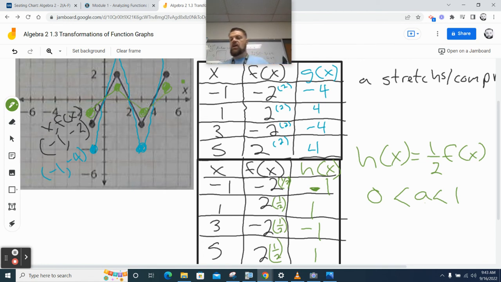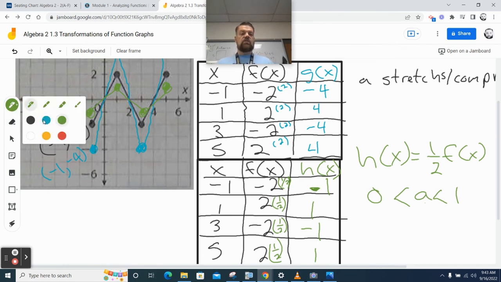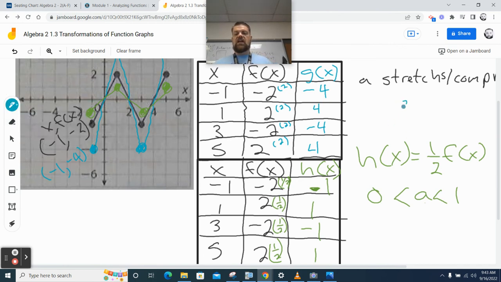So when a is greater than 1, let's not forget to write that down. So over here, say a is greater than 1. It'll stretch it, right? Because I'm multiplying that y value, it stretches it out. When I multiply by a fraction or a number that's between 0 and 1, it compresses it, right?